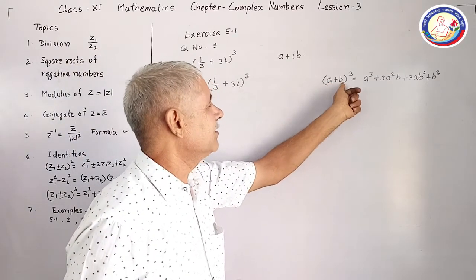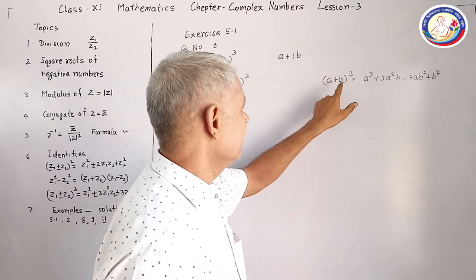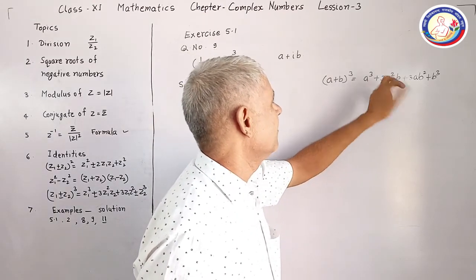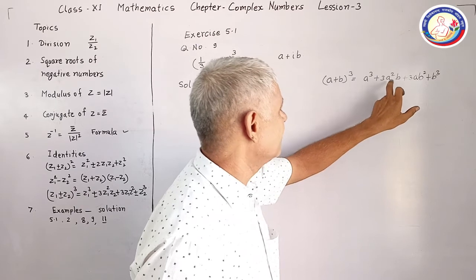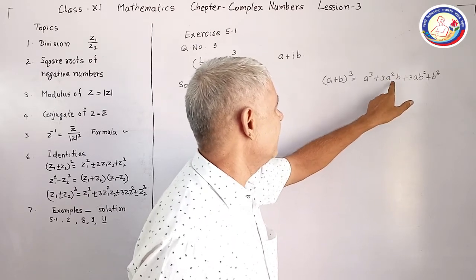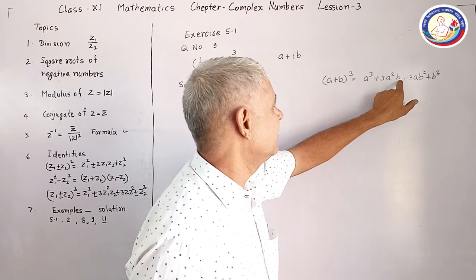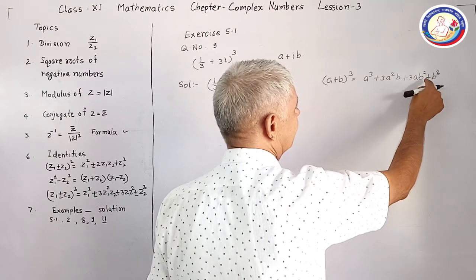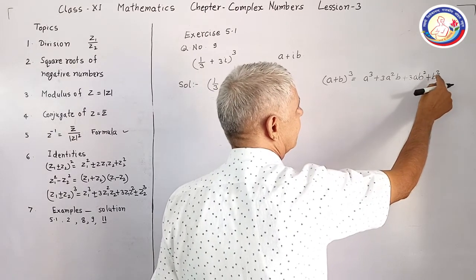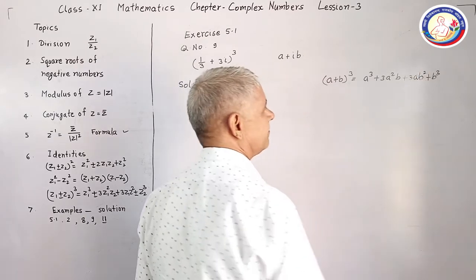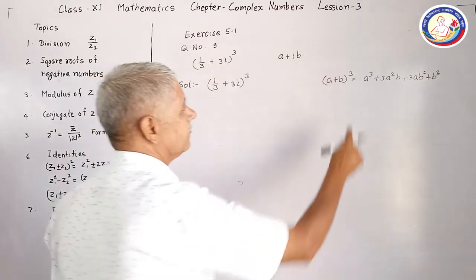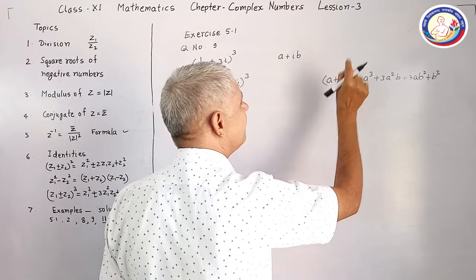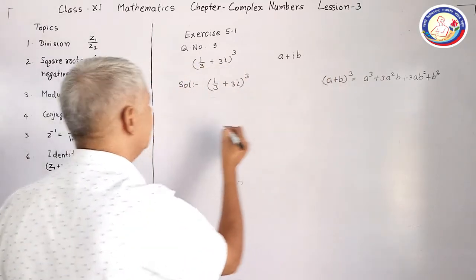Cube of sum of two numbers is equal to cube of first number plus 3 times square of first multiplied by second number, then 3 times first number into square of second number plus cube of second number.